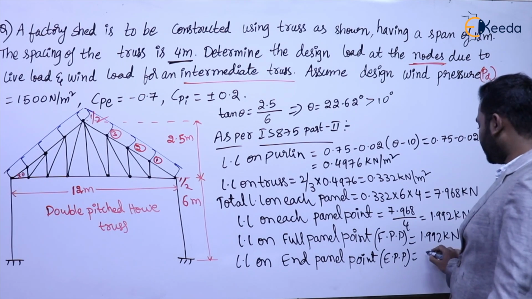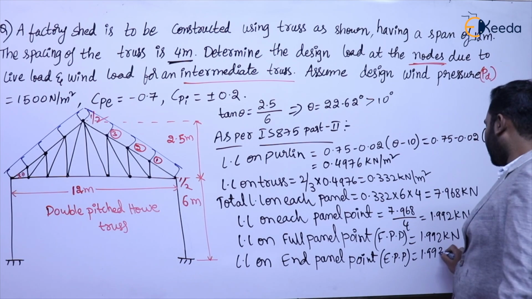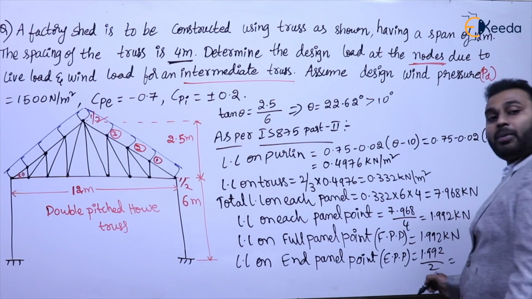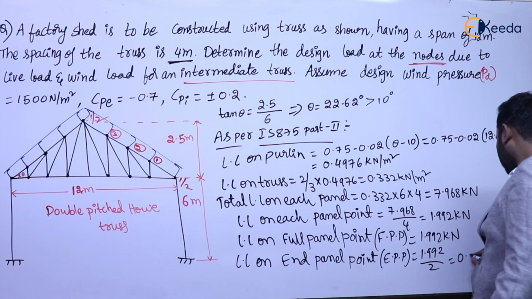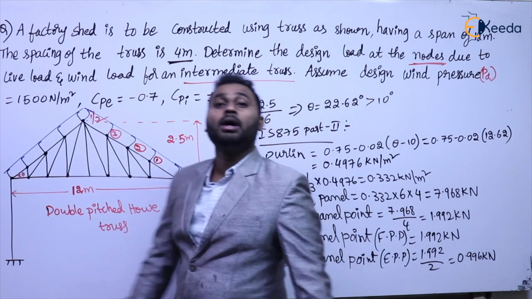Half of this value, 1.992 by 2. So that comes out to be 0.996 kilonewton. So these were the loads on panel points.